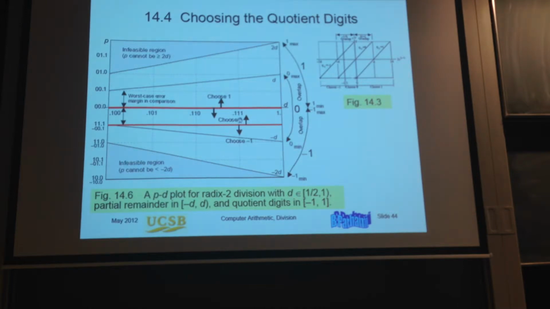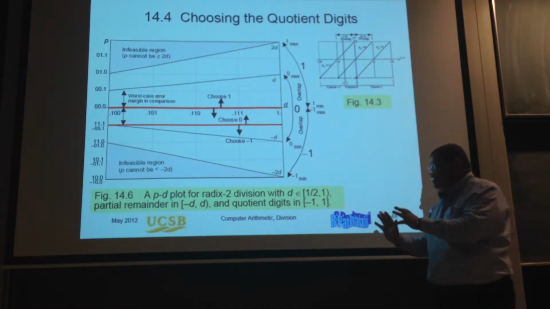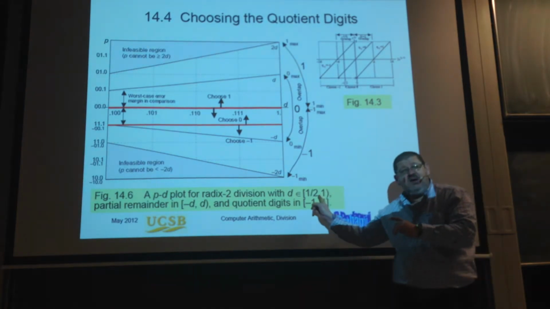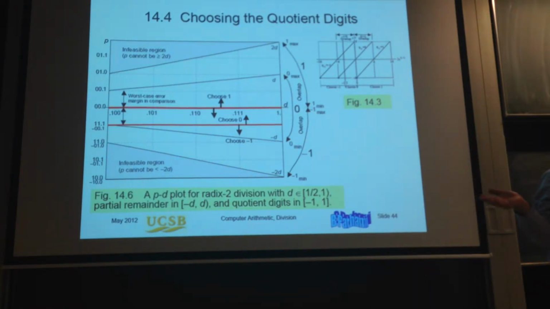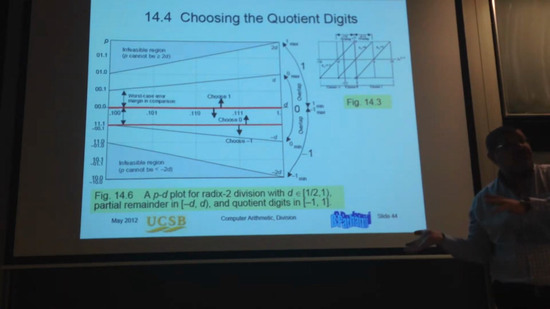Now, this is the division working for radix 2 and assuming some limitations for D. I have a certain dynamic range for it. If I change the dynamic range, this diagram changes. If I change the radix, this diagram also changes.